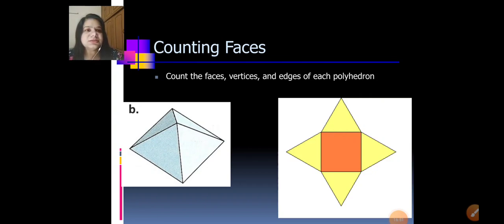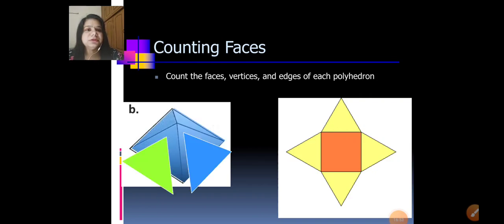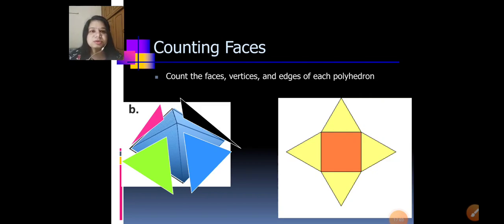Let's separate them. Just check. There are 4 triangles and in the middle there is a square I have highlighted. So how many faces does a square pyramid have? A square pyramid has 5 faces. So the number of faces is 5.